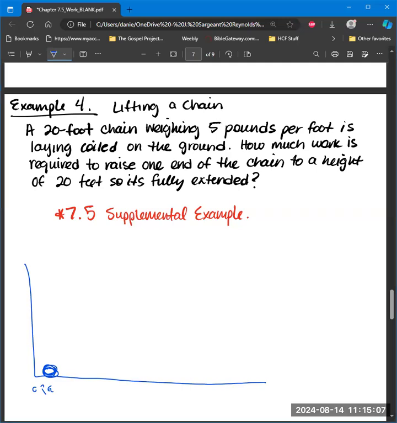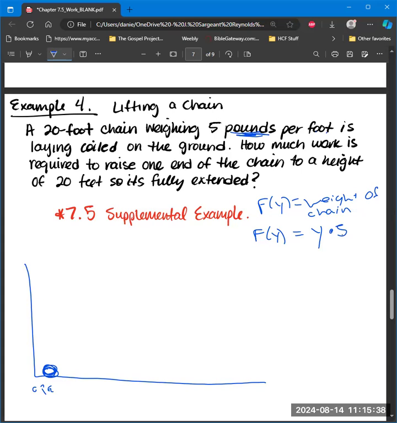So we're just going to have this as a function of y. F of y is equal to the weight of the chain. That's going to be the distance y times 5, because weight is in pounds, and then this is per feet.